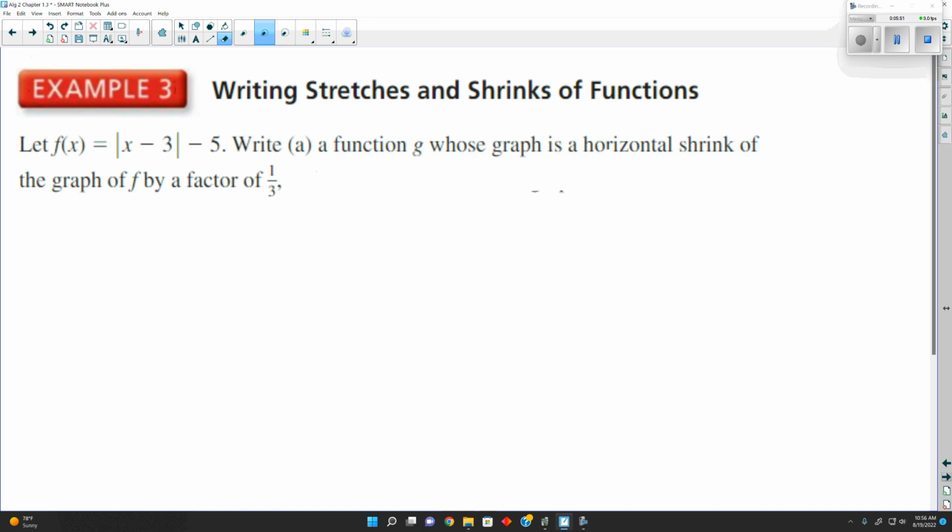Now, when we look at this as writing a function g whose graph is a horizontal shrink of the graph of f by a factor of 1/3, what we're saying is g of x is equal to f of a times x.